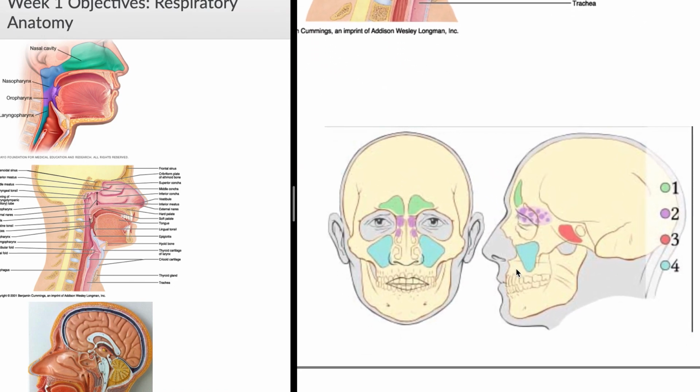and I'll mention it just briefly. Your sinuses are openings within bones of your skull, if you remember from when we learned about the skull. Here they're color coded, but basically you've got 2 in the maxilla, you've got 2 in the frontal bone. You've got an ethmoid sinus, which are really small little individual openings within the body of the ethmoid bone.